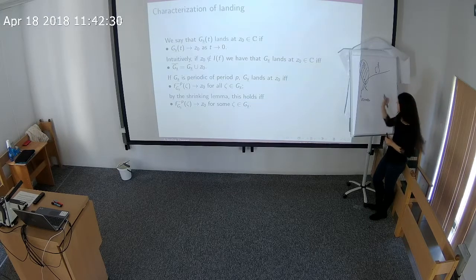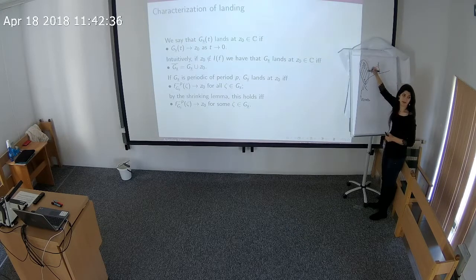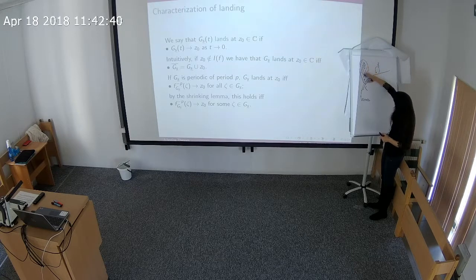So to check if a ray lands, it's not necessary to take a point on the ray for taking pullbacks. You can really just take any point outside, in the complement of this disk, and pull back, and you know that the diameter of this thing will go to 0.